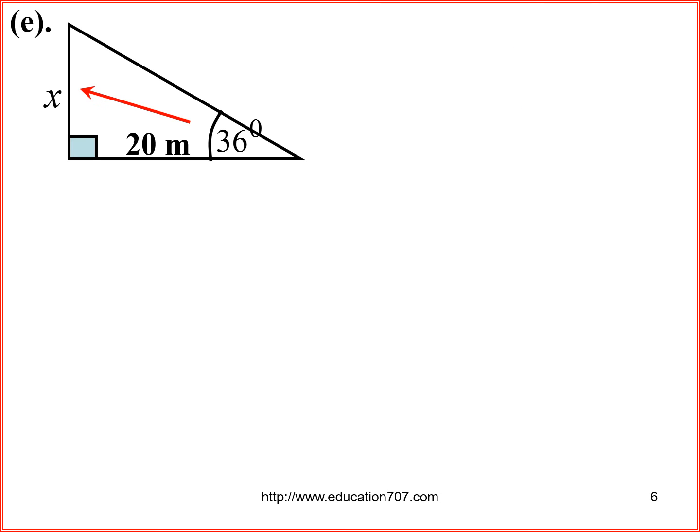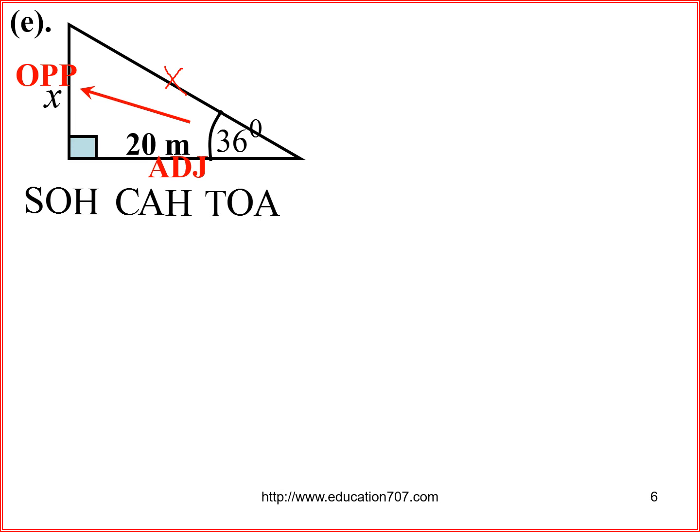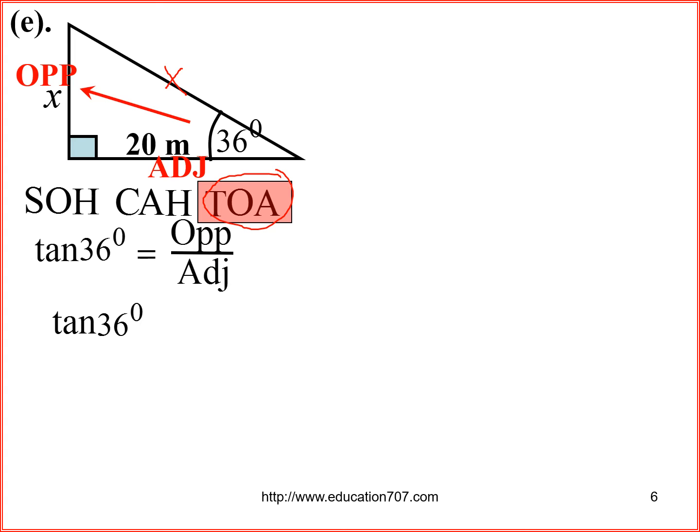Part E. So opposite to 36 is x. The other side is adjacent, the longest side is the hypotenuse. Hypotenuse is not given and not required to find, so we are going to use O and A. Where do we have O and A? It is tan. This means we are going to use tan of angle 36, opposite over adjacent: tan 36, opposite is x, adjacent is 20.